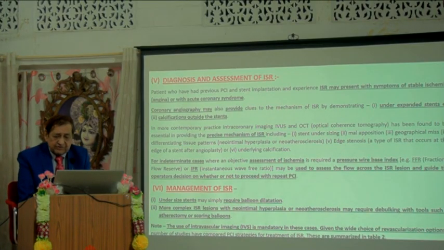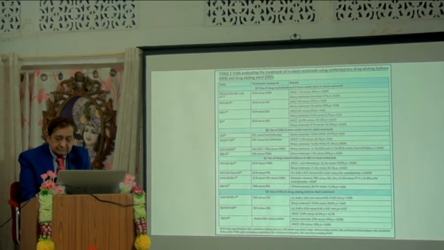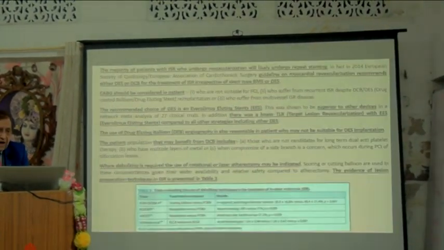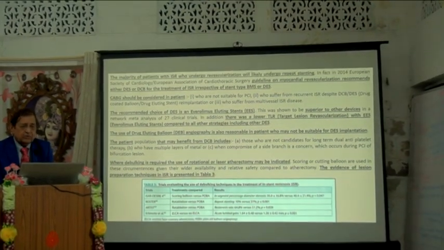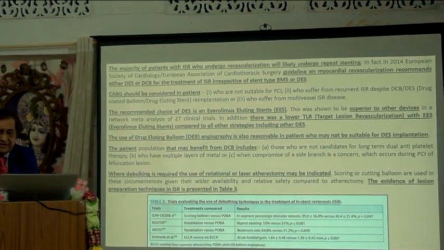Given the wide choice of revascularization options, a number of studies have compared PCI strategies for treatment of ISR. These are summarized in table 2. You can read it and follow it. The majority of patients with ISR who undergo revascularization will likely undergo repeat stenting.